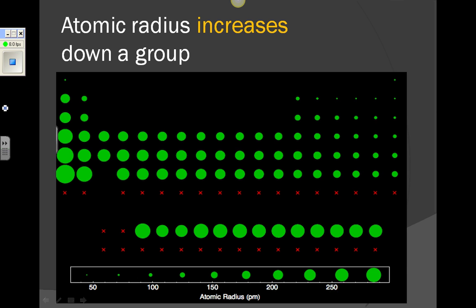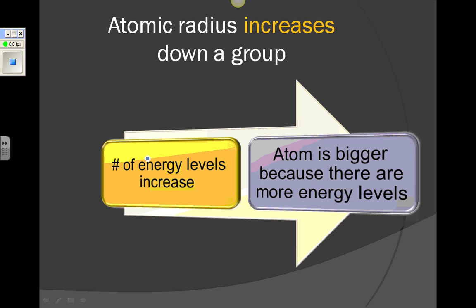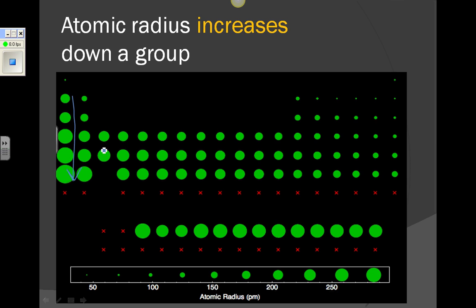Now, as we talked about earlier, the atomic radius increases as we go down a group. Let's talk about why that happens. As we go down the group, the number of energy levels increases. Here we have period 1, period 2, period 3, period 4, 5, 6.